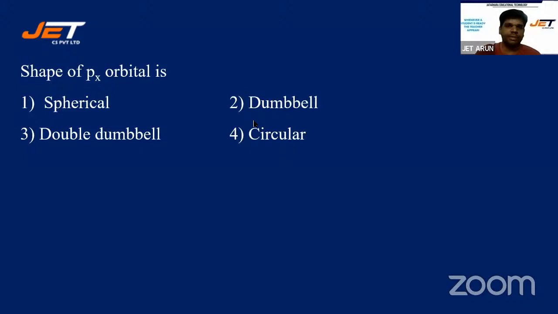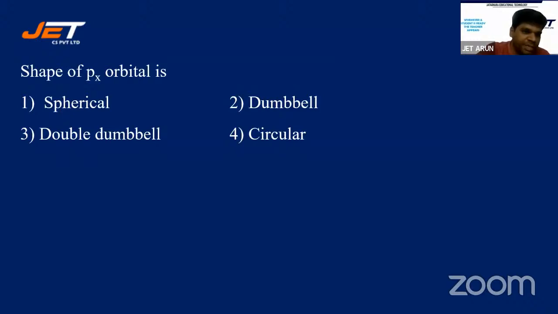Here is the next one. Shape of px orbital is spherical, dumbbell, double dumbbell, or circular. All right, Ria is right, Maniteja is right, Saicharan, Shalini, Bhavana, Sharan, Harsha Teja, Salma, Pranati, good.